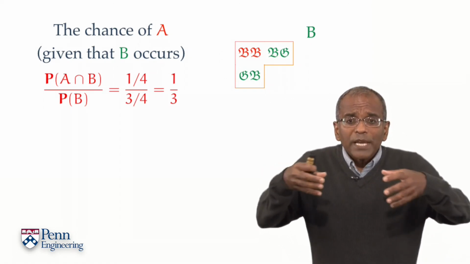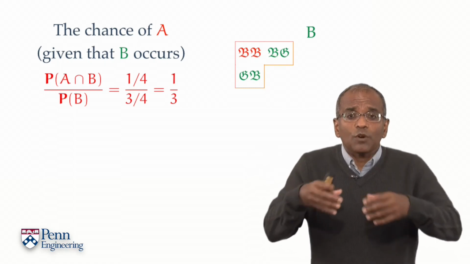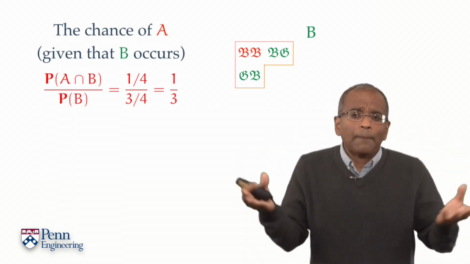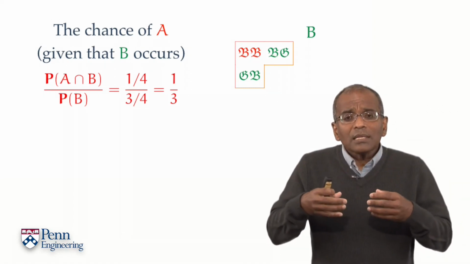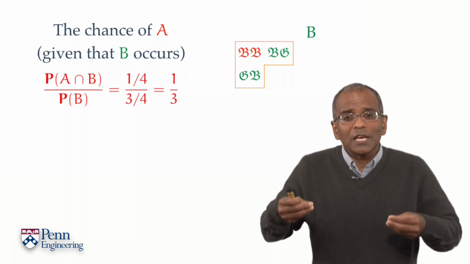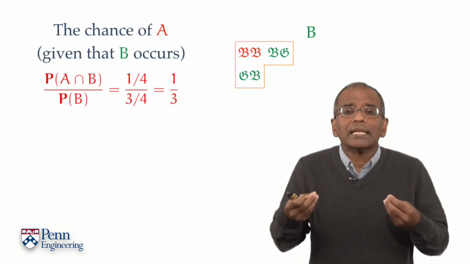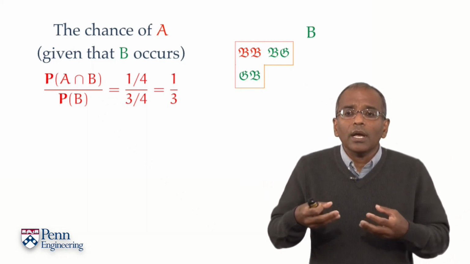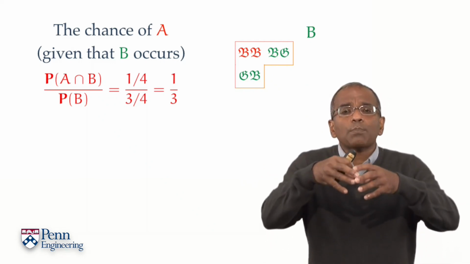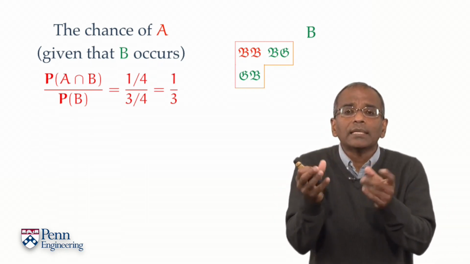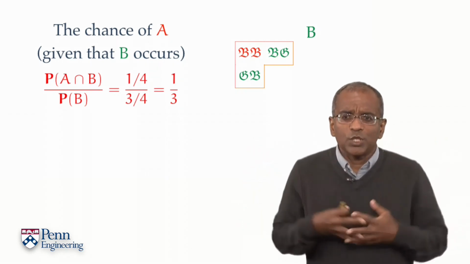Naturally enough, the space of possibilities is reduced. Instead of 4, we now have 3. All of them happen to have equal chance. And therefore, the probability of observing that the other child is a boy, given that there is at least one boy, is the ratio of these 2. It is the proportional part of A that lies in B, colloquially speaking.